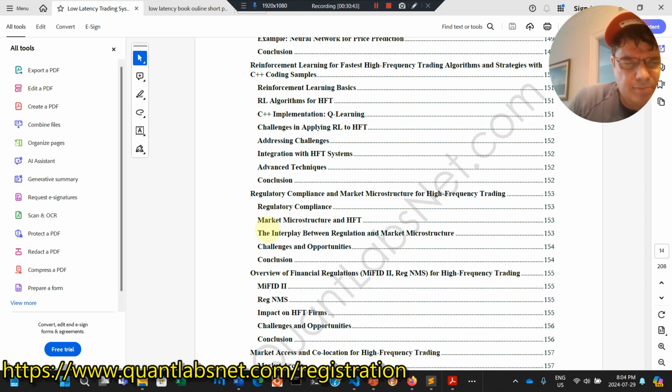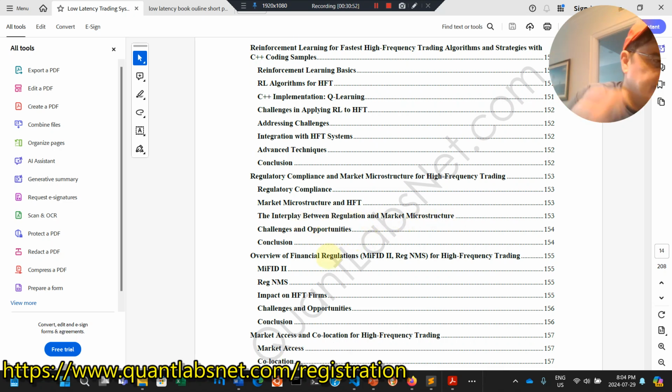So you have regulatory compliance, market microstructure, and HFT, the interplay between regulation and market microstructure, because the HFT stuff has a huge impact on the general trading ecosystem in the world. So here we have MiFID, and Reg NMS, which is for the US, for HFT.